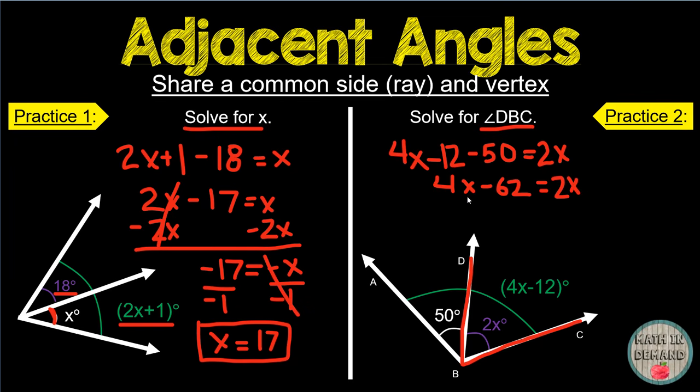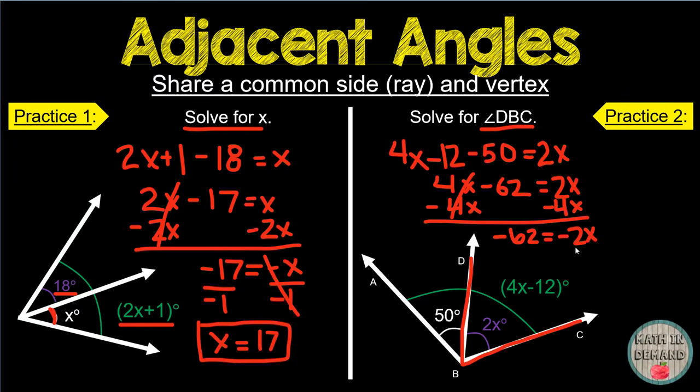Combine like terms: I have a variable here and a variable here. I am going to subtract 4x from both sides. So they'll cancel. Don't forget to bring down the negative. I have negative 62 equals 2x minus 4x, which gives me negative 2x.